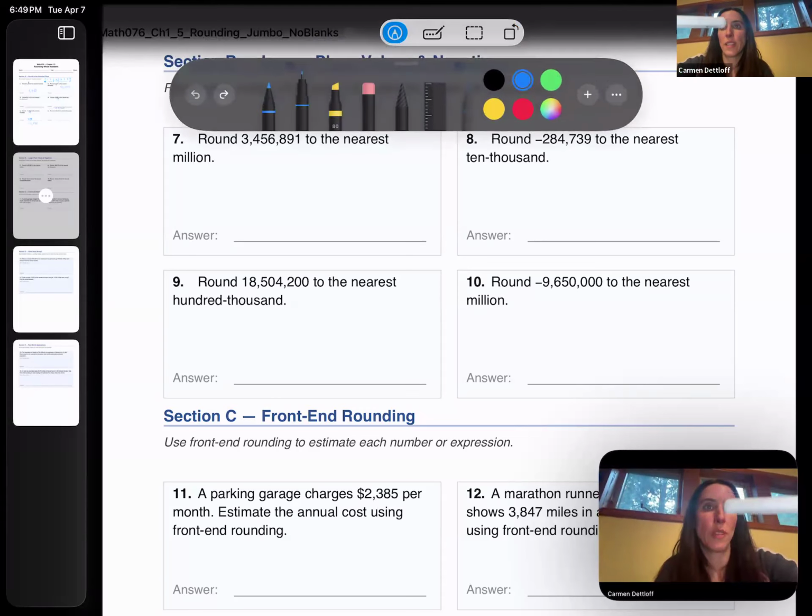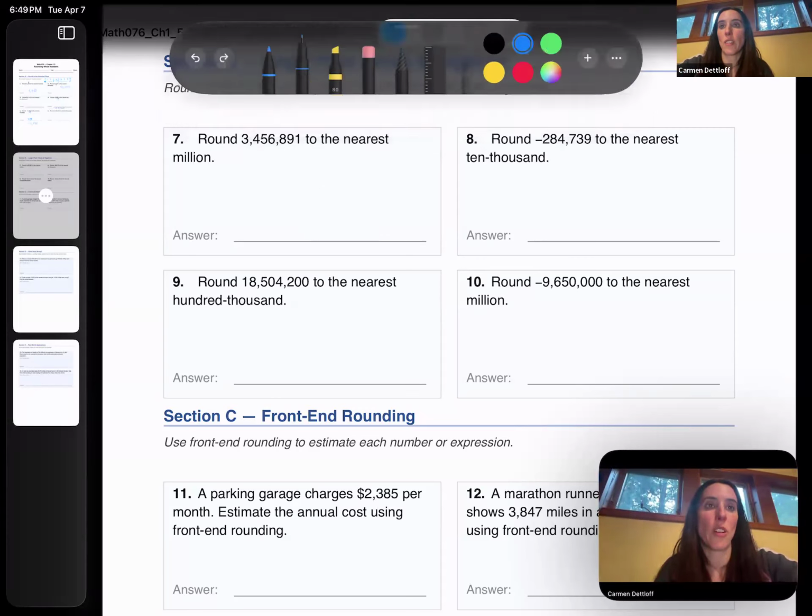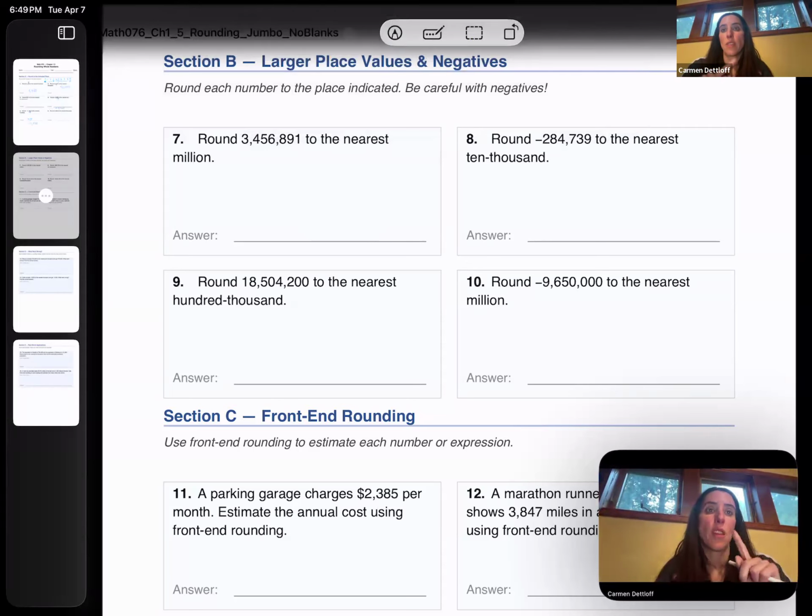So those are our place values. If you can't remember, you can always go back and look in the book or on the internet, but it goes 1,000, 10,000, 100,000, million, and then every time it goes ones, tens, hundreds, and then it starts again in a new subcategory.